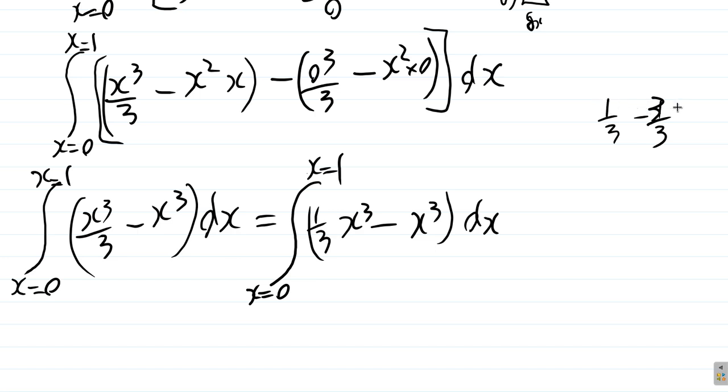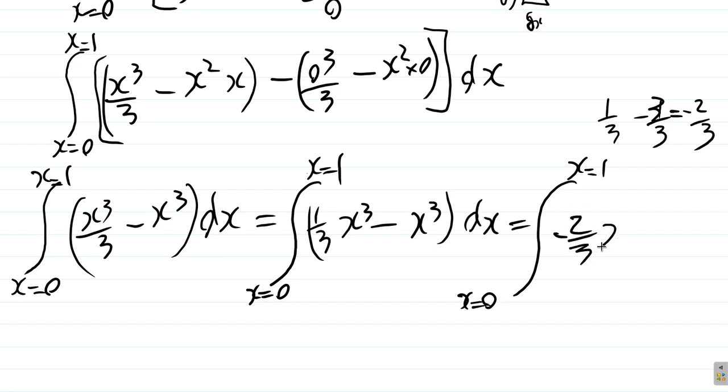So 1 minus 3 is negative 2, so it's negative 2/3. So this is the integral from x equals 0 to x equals 1 of negative 2/3 x cubed dx.